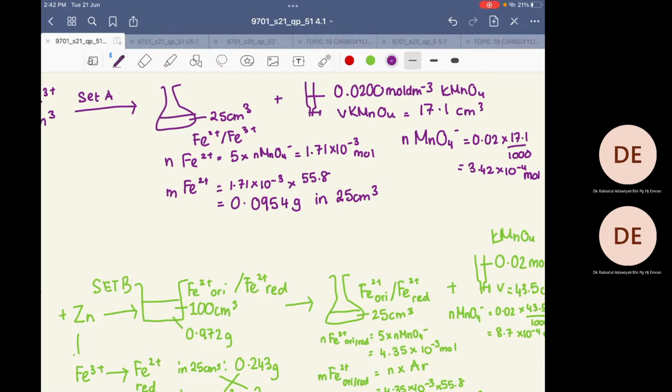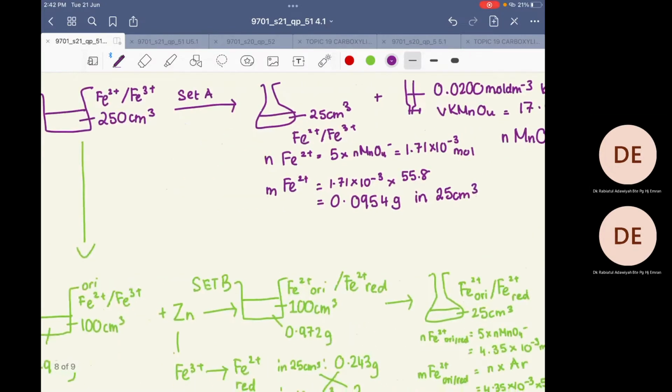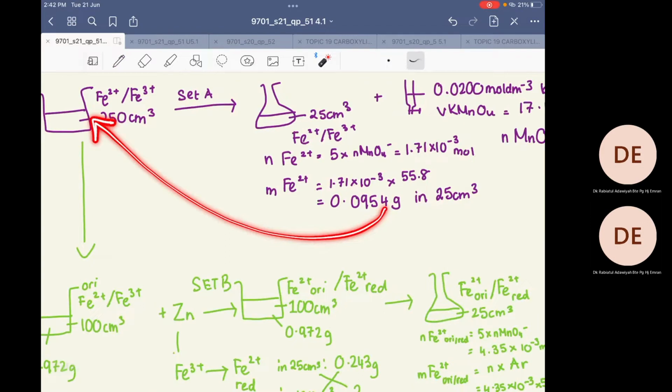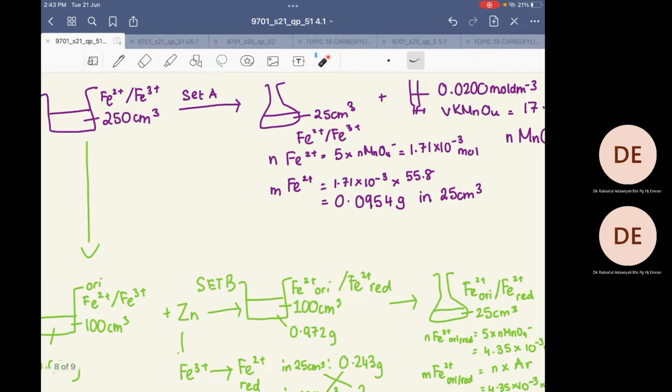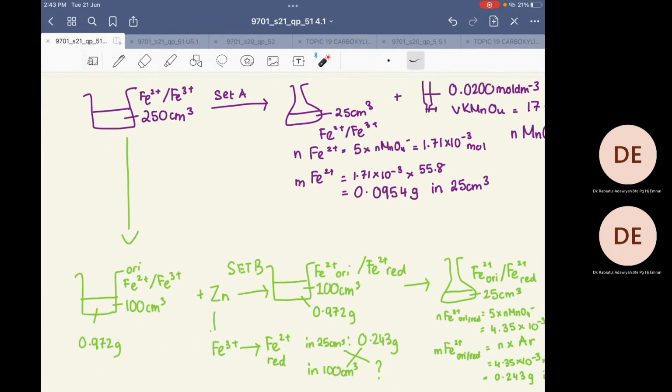In 250. So I go back to the original solution. That means in 25 centimeter cube, there's 0.0954 grams. What is the mass in 250 centimeter cube? So times 250 divided by 25.